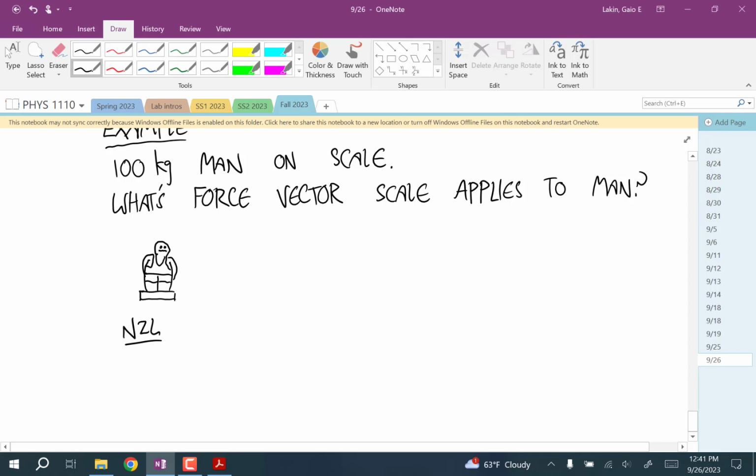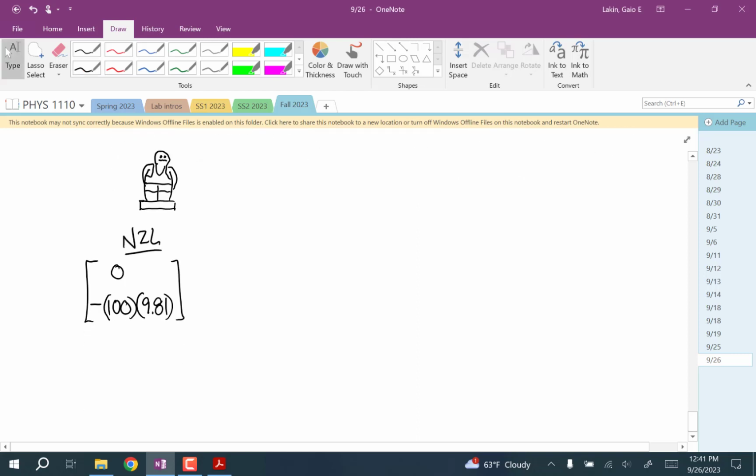So the force of gravity is 0, negative 100 times 9.81. This is the force of gravity. We just figured out that that's what it has to be. And then we'll add on this vector. I'll call it F scale.